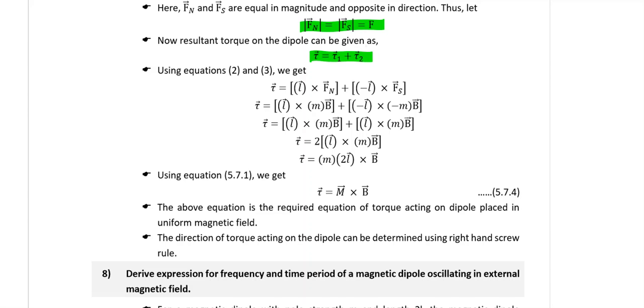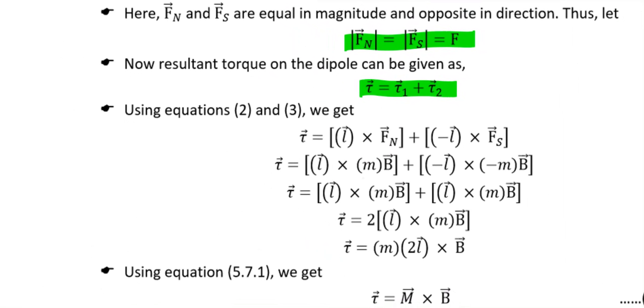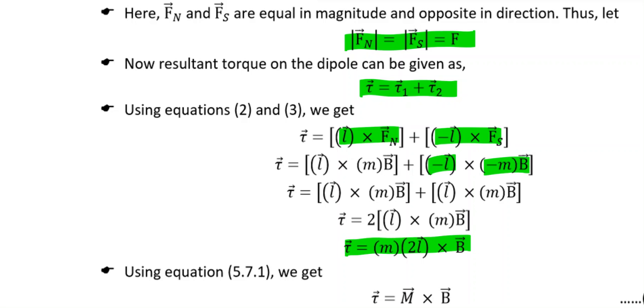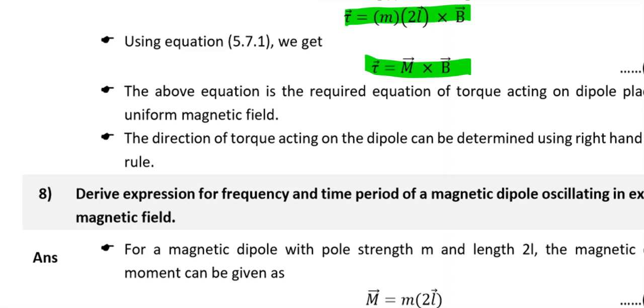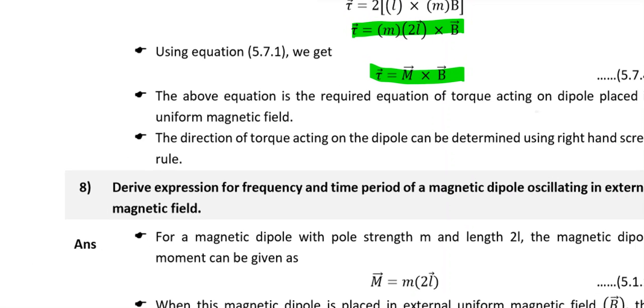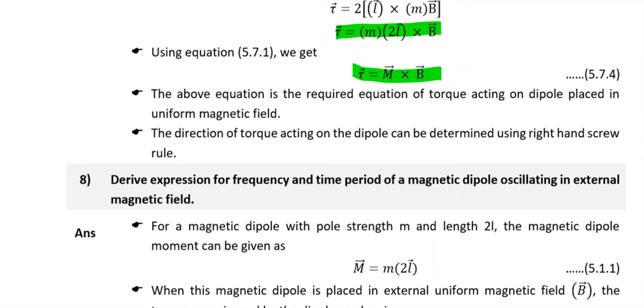Torque due to the force on the north pole and torque due to the force on the south pole are added. As I said, the force on the south pole is negative and the position vector is also negative. Ultimately you will end up with a positive result, and this is the torque. So M cross B is the torque acting on a magnetic dipole when placed in an external magnetic field.